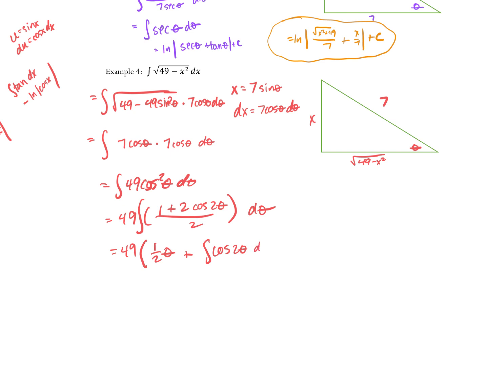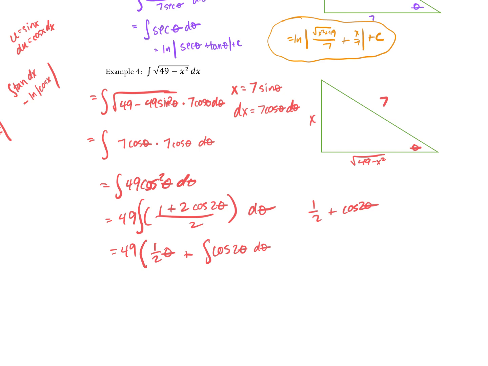Why did you write a theta with 1/2? Because in my head, I split this up into 1/2 plus cosine 2 theta. Oh, wait, but it's not. It's 1 plus 2 cosine 2 theta over 2, so 1/2. So why'd you write theta?